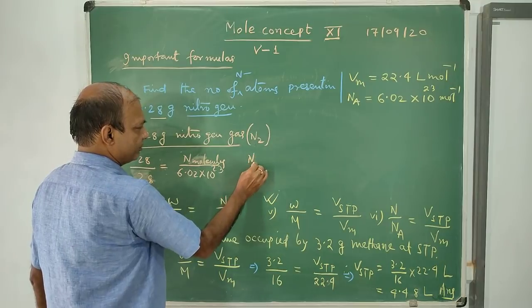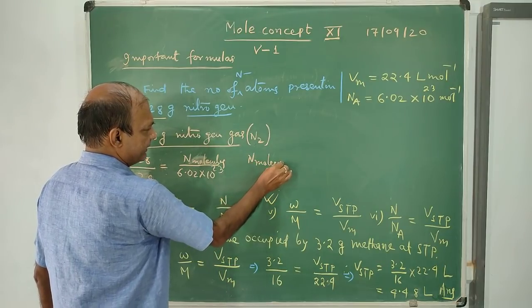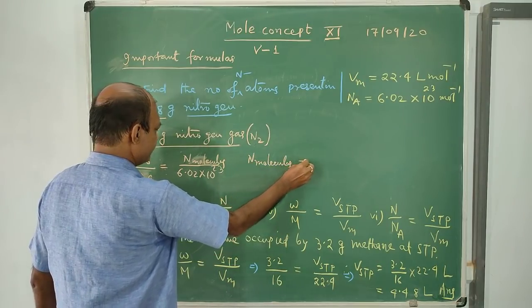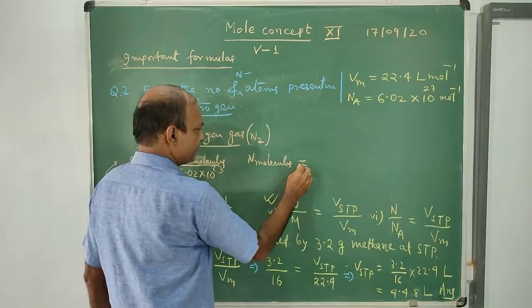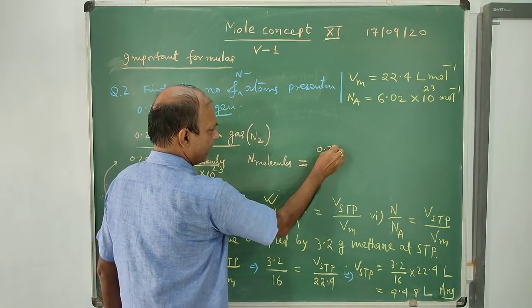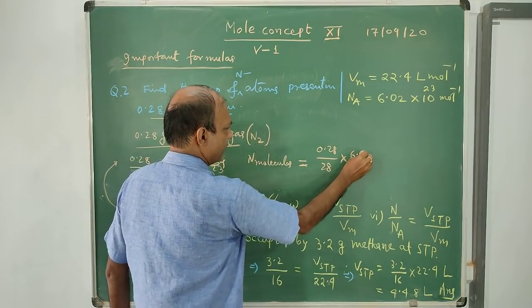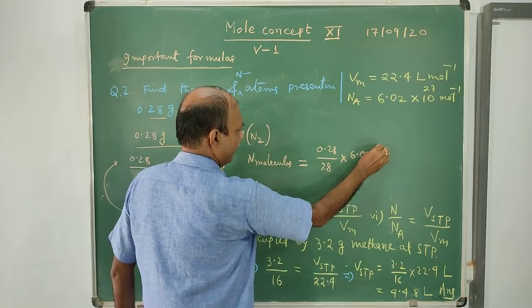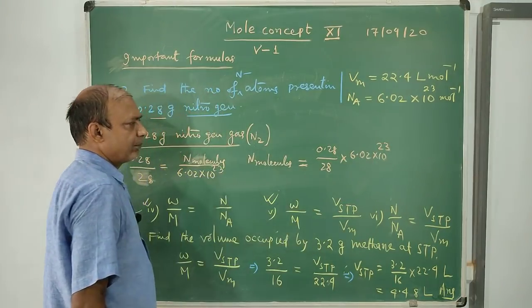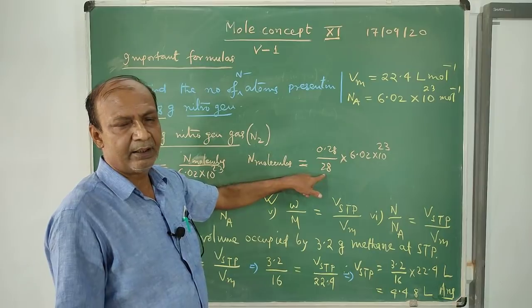So number of molecules of nitrogen is equal to 0.28 by 28 into Avogadro's number 6.02 into 10 raised to 23. You can calculate it mentally.